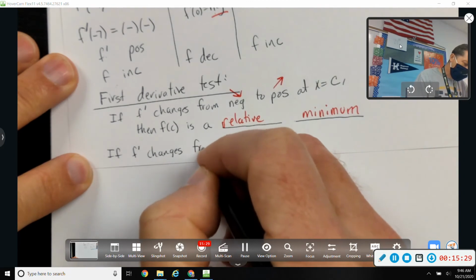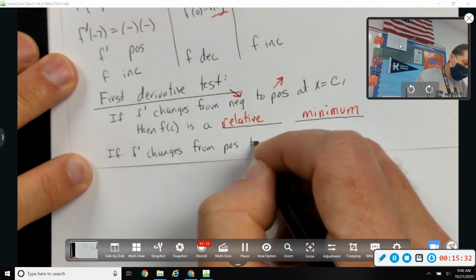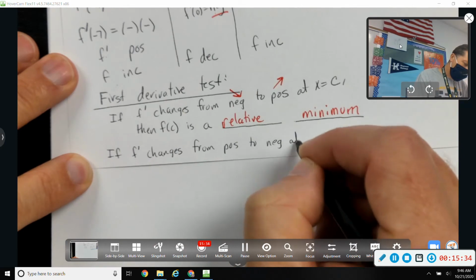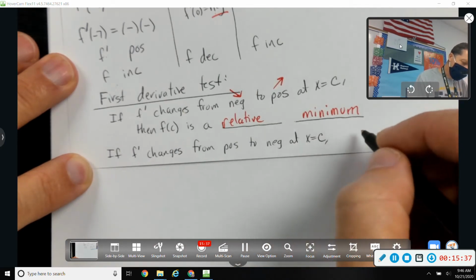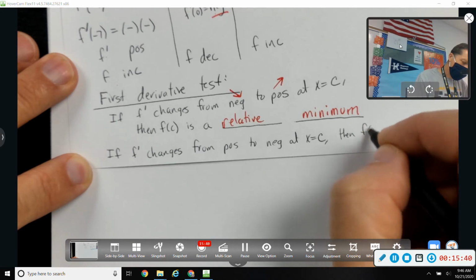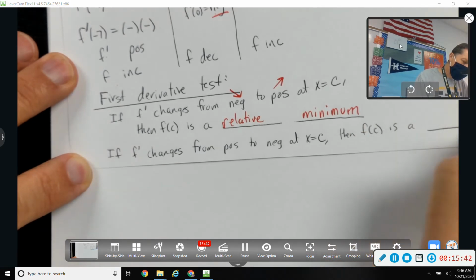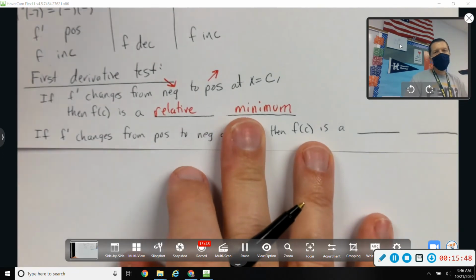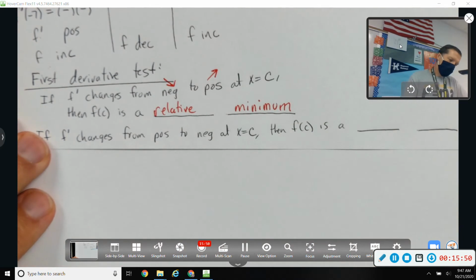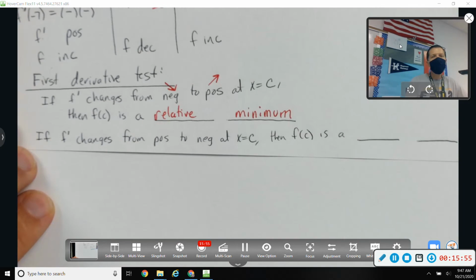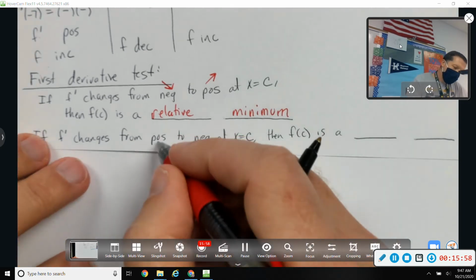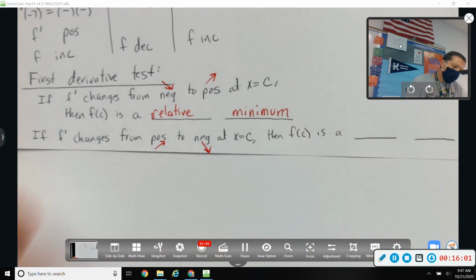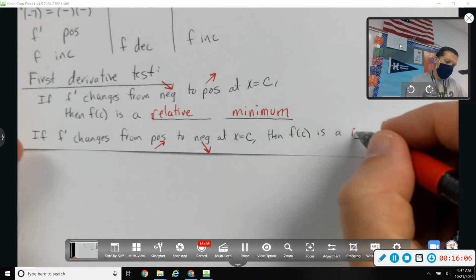If f prime changes from positive to negative at x equals c, from positive to negative, then what's going on at f of c? A relative maximum.